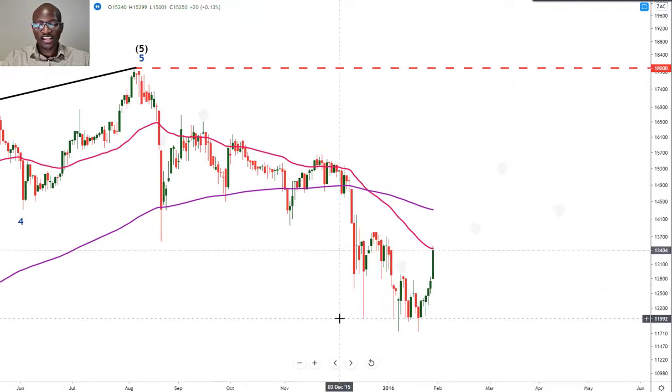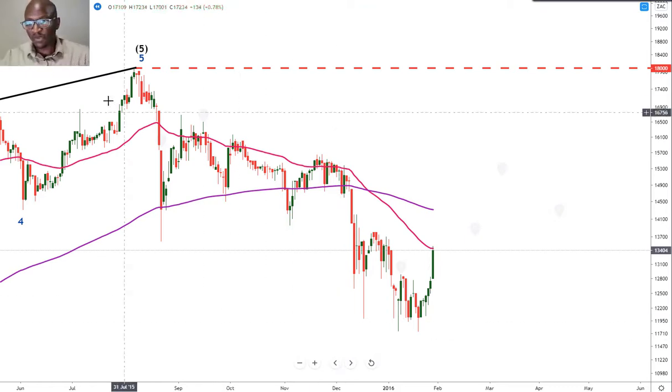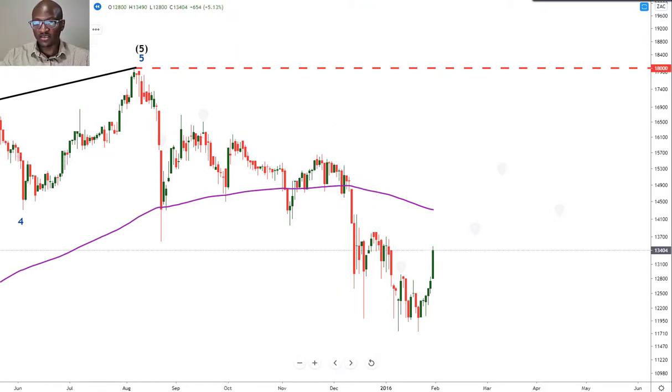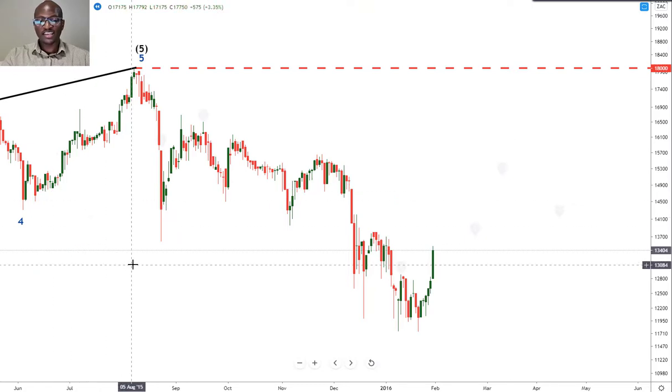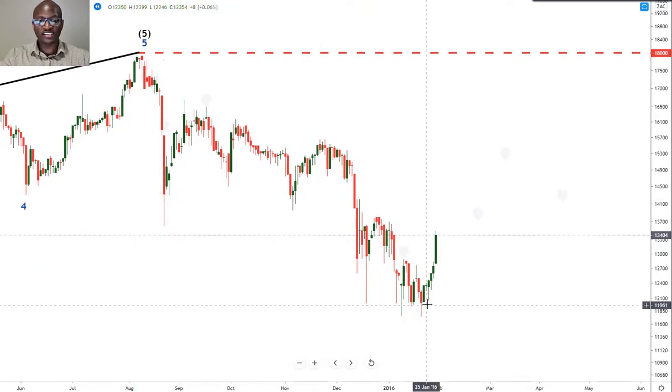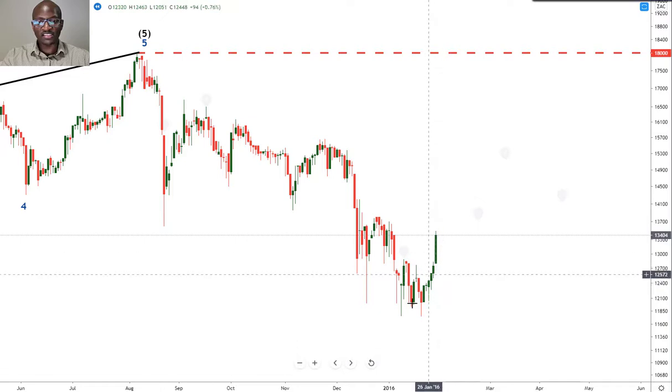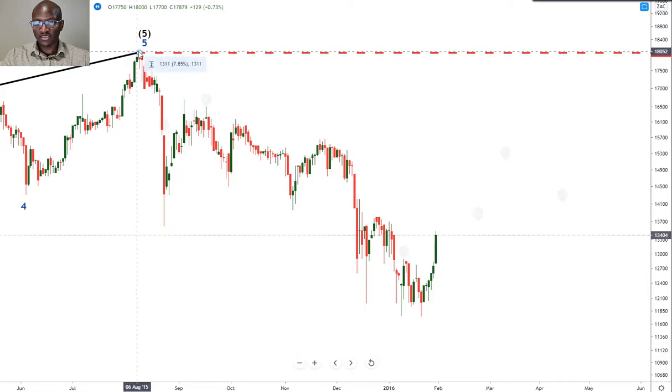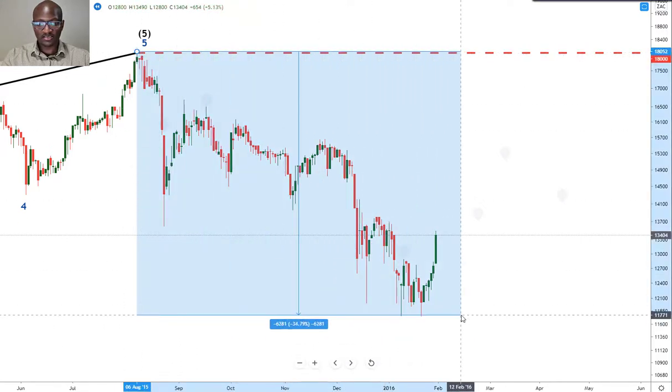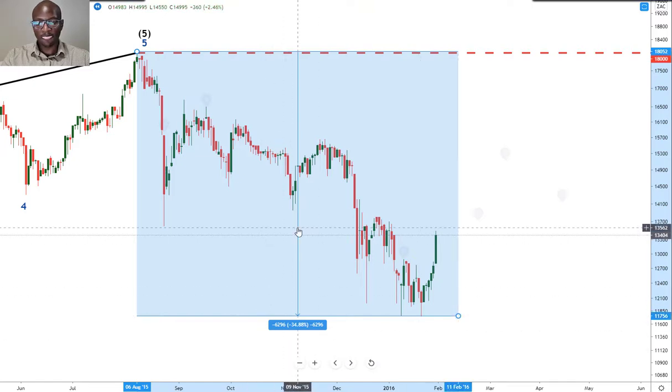So at this stage here now, from an Elliott Wave perspective, the market has clearly made 3 waves to the downside, and now we can see that price is starting to rally. At this stage, in total, the market has pulled back just under 35%.